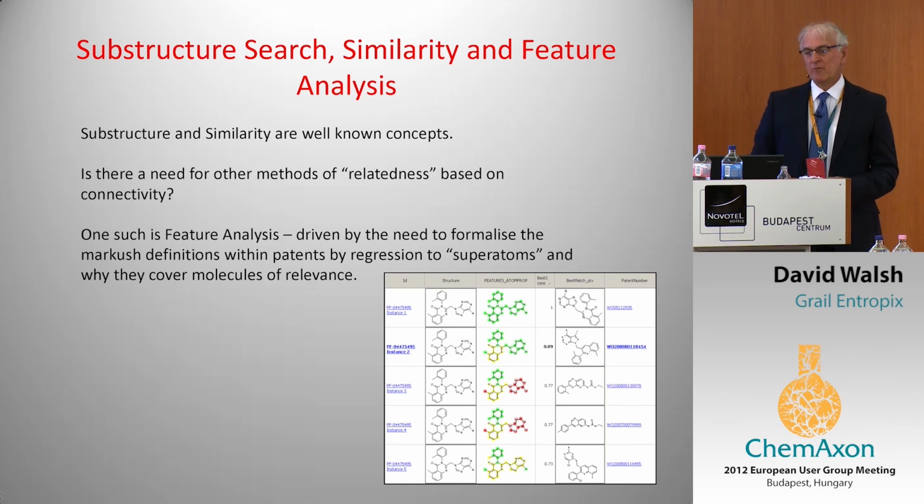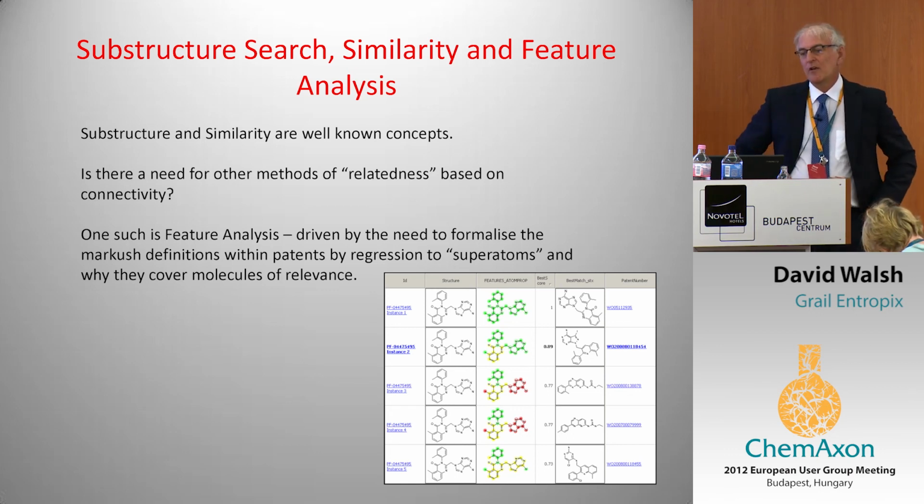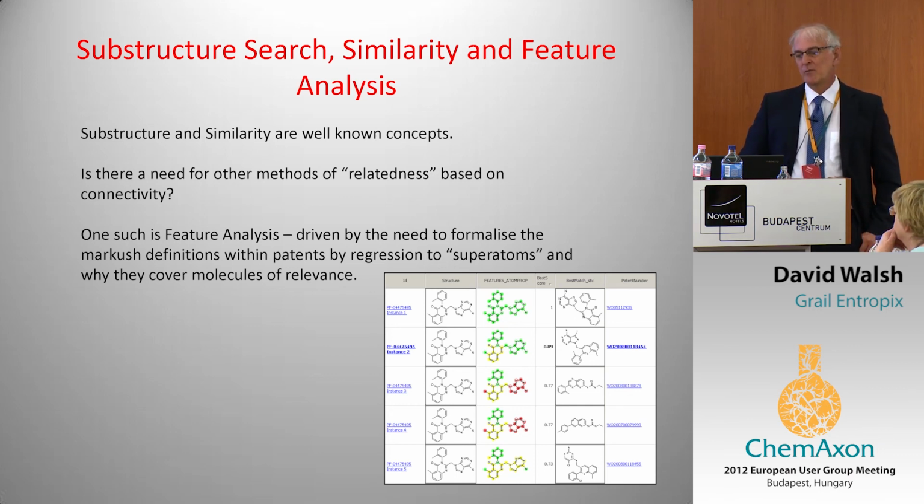So what came from feature analysis was something which described superatoms, and we've mentioned those before as well, haven't we? Superatoms could be used in relation to generation of particular feature types, certainly in Markush definitions.